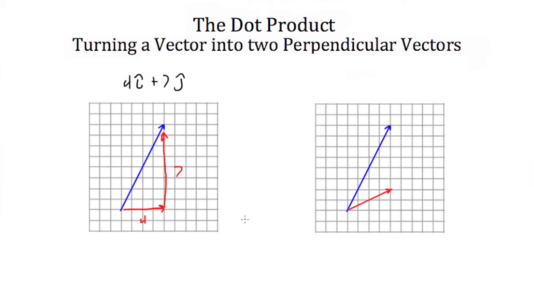But what if we wanted to turn it into perpendicular vectors that weren't in the x and y direction?